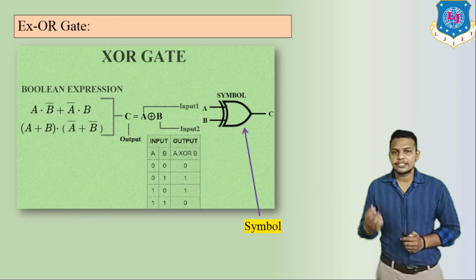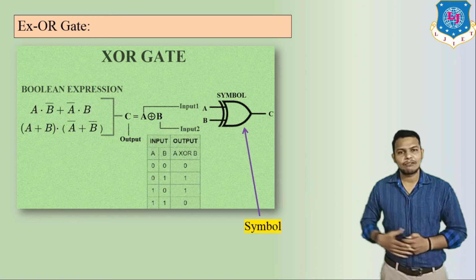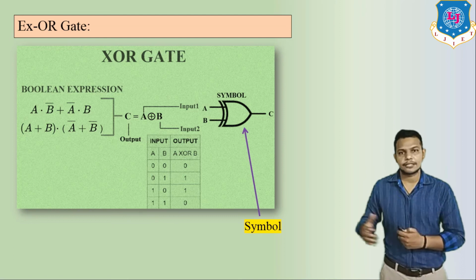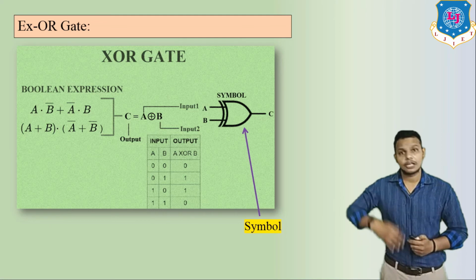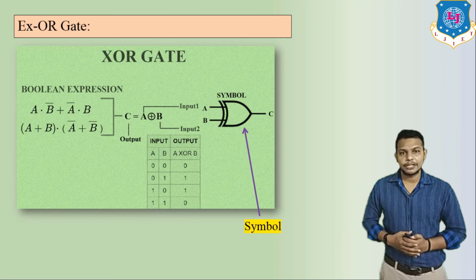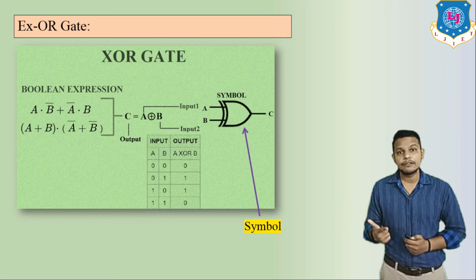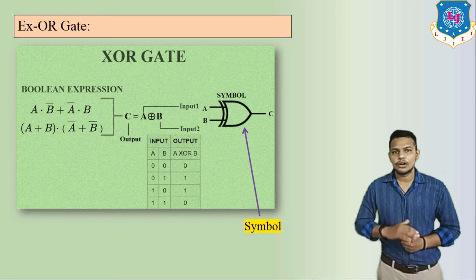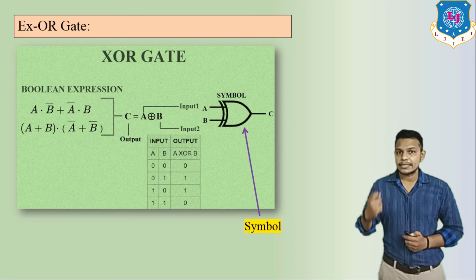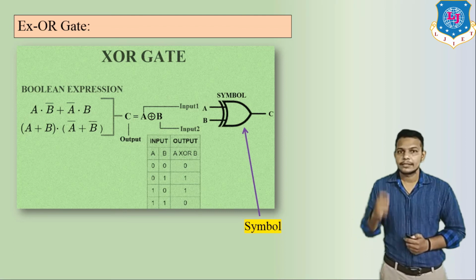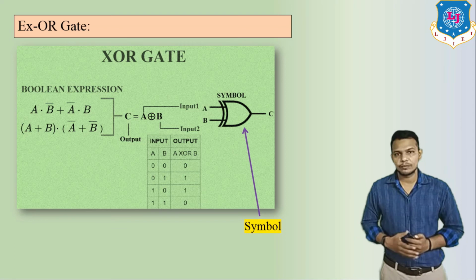What is the meaning of exclusive OR and why is it known as a special gate? Because it performs a special operation. Other gates perform various operations like addition, inversion, multiplication, but exclusive OR does not perform like that. If A is equal to B, then your output will be 0.